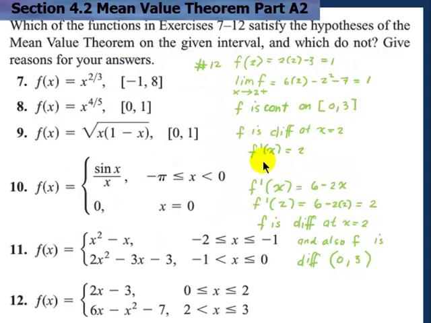Since the derivatives of f of x to the left of 2 and to the right of 2 are equal, we can conclude that f is differentiable at x equal to 2. Since that is the only critical part that we have to check, we can say that f is differentiable on the interval from 0 to 3. So number 12 satisfies the hypotheses of the mean value theorem on the interval from 0 to 3.